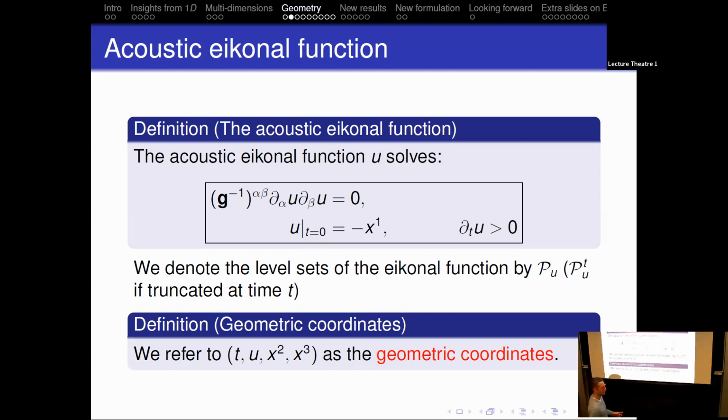Once you have an eikonal function, you can replace the Cartesian x1 with U, and you can use this system of 4 functions as a coordinate system. And I refer to this as geometric coordinates. Using this kind of coordinate system is exactly what Alinhac and Christodoulou were doing. And the upshot is, in this coordinate system, the solution will appear to be rather smooth. So this is basically the method of straightening out the characteristics.